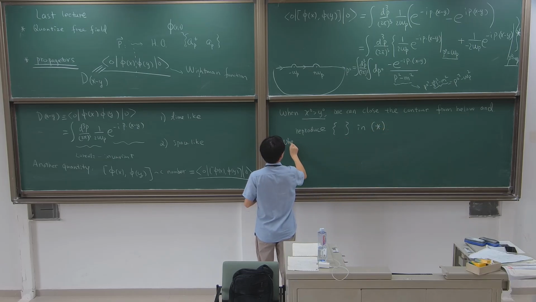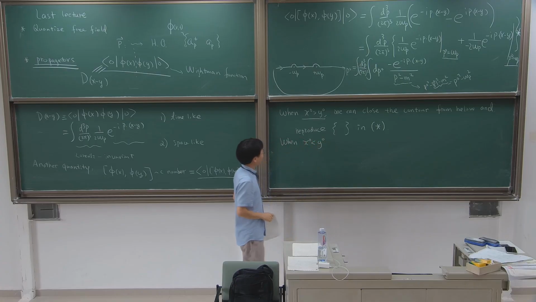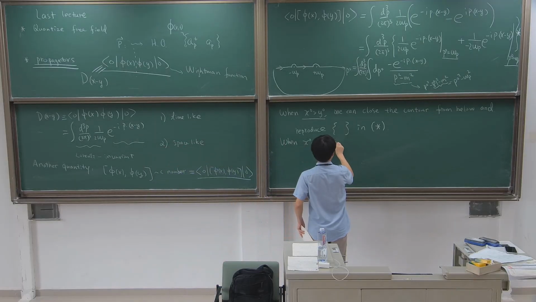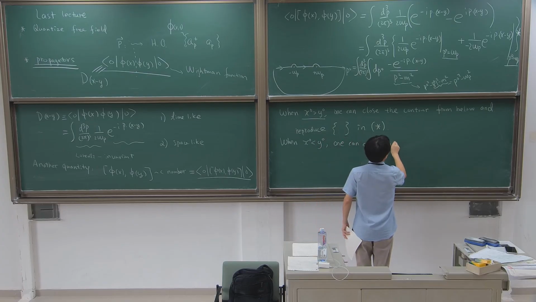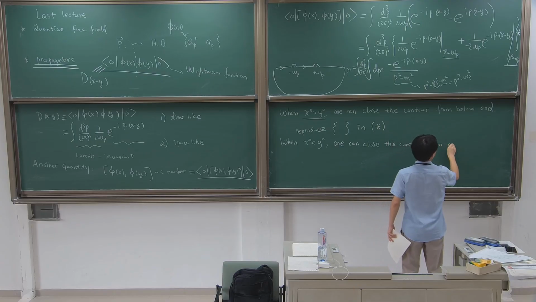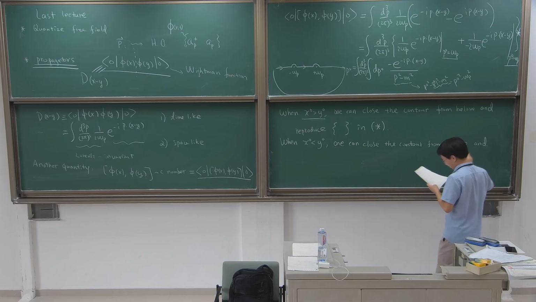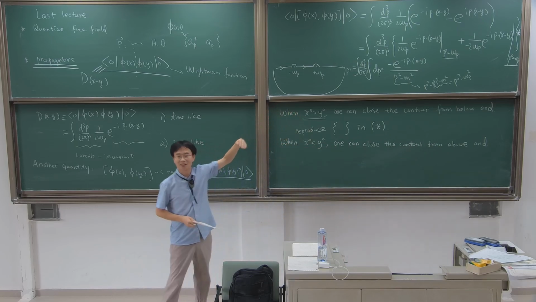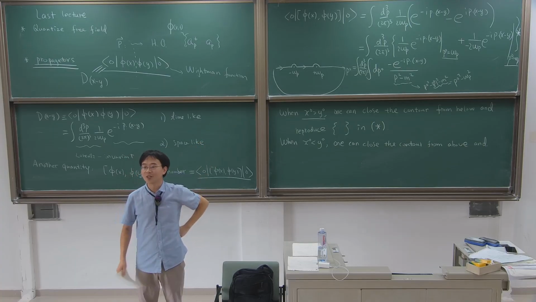Now, what if we have the different sign for x0 minus y0? In this case, of course, the same logic, you should close the contour from above. Because the poles are located at the real axis, if I close that contour from above, what do I get?